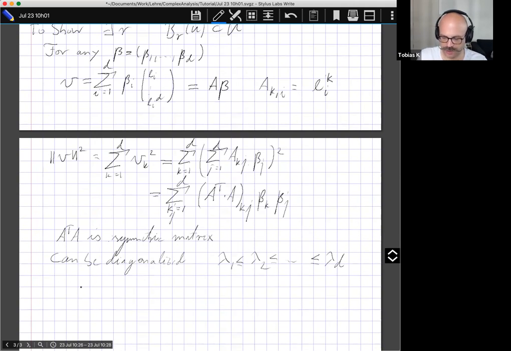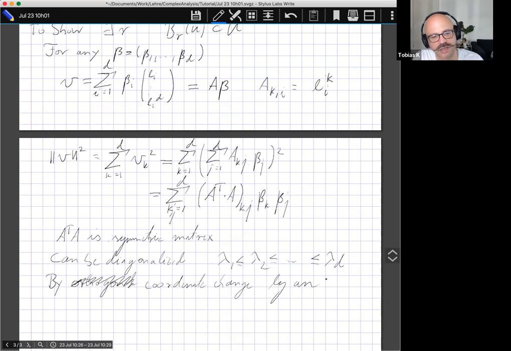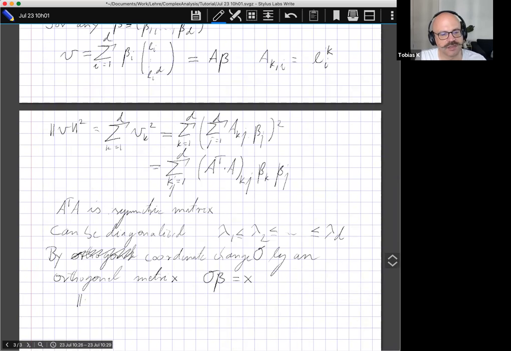And so by a coordinate change, by an orthogonal matrix, let me call this O, I have that O beta is equal to a new vector X, and in these new coordinates the matrix is diagonalized.